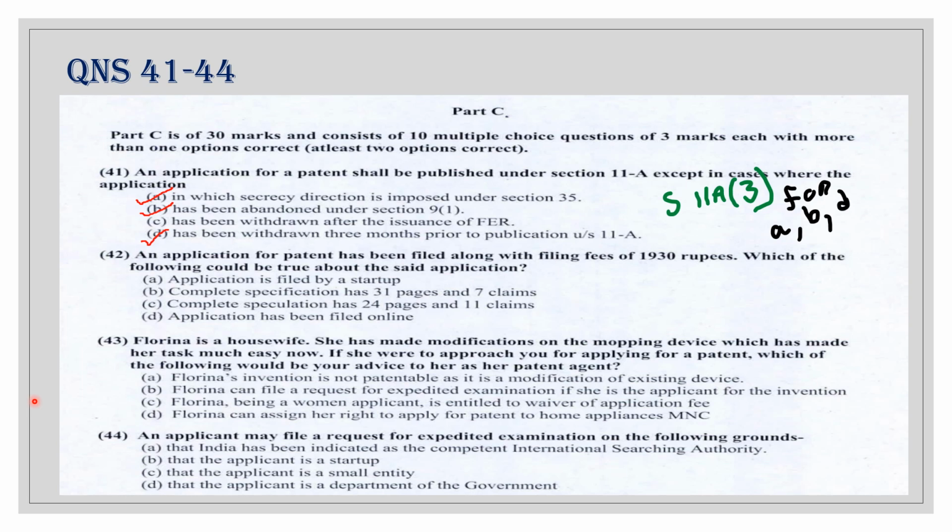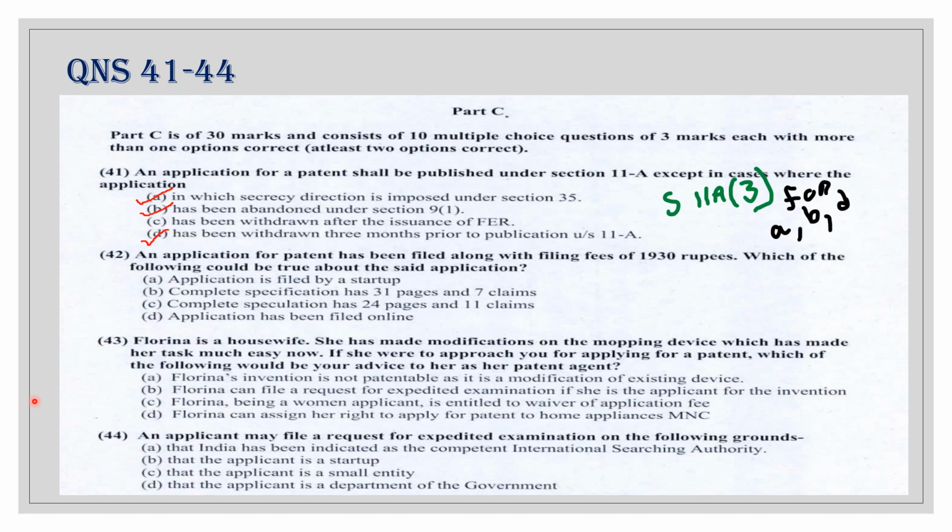Just observe carefully, friends. A fee amount is given and it is asked who has filed this. Is it a startup? Is it a natural person? Is it an MSME? Is it a company?